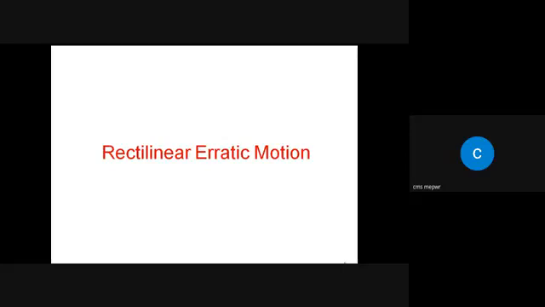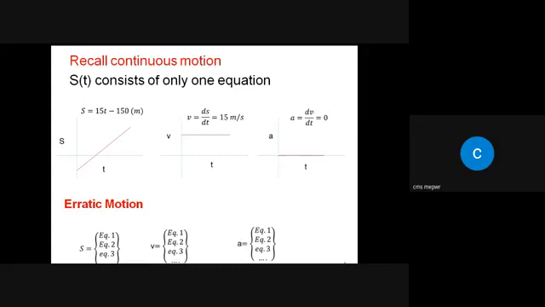So definitely the question arises in everyone's mind: what is the difference between rectilinear continuous motion and rectilinear erratic motion? If you recall the previous class, we had rectilinear continuous motion. In that case, to represent any motion, whether displacement, velocity, or acceleration, we used to have one equation.